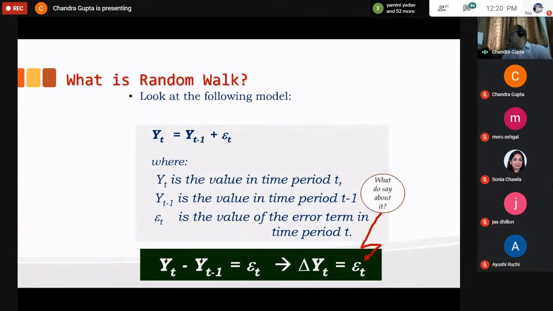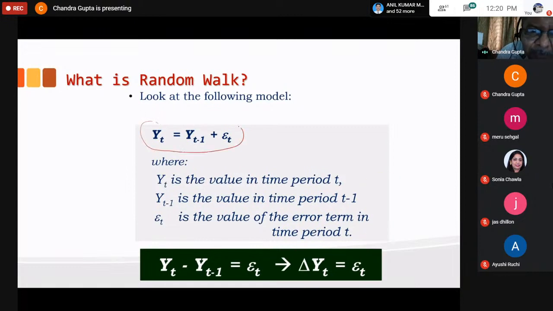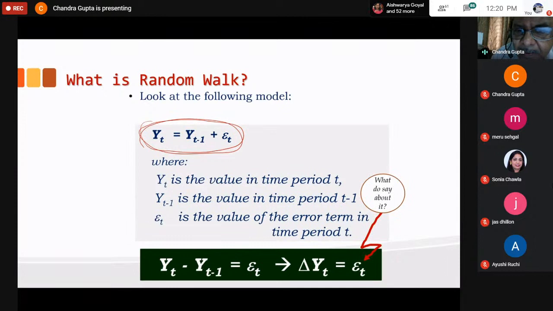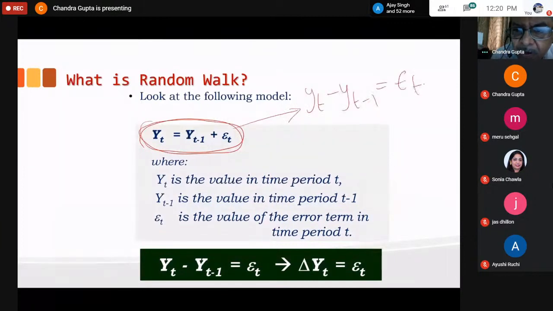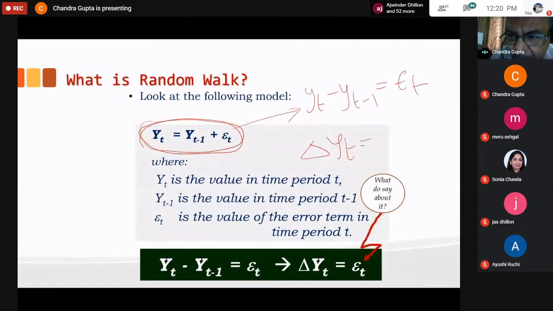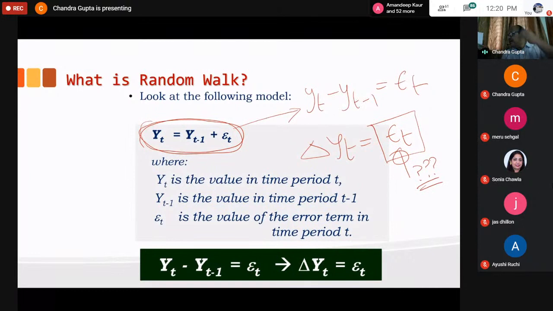Now let's formally define it. Suppose I have a regression model, yt is equal to yt minus 1 plus error term. Then I can put it as yt minus yt minus 1 is equal to the error term. Delta yt is the error term. What are the properties of this error term? Any one of you tell me?